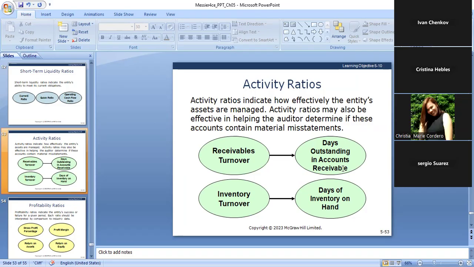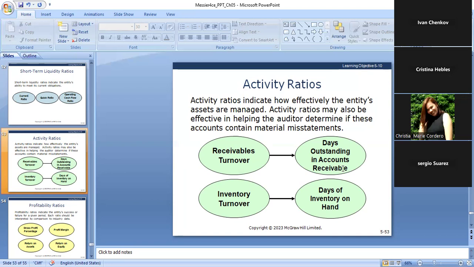Imagine if the inventory turnover is 1, that means we're selling our inventory only once. If the receivable turnover is 1, that means we're collecting our credit sales only once a year. The days the receivables stay outstanding is 365, and the days inventory stays on hand is 365 days.